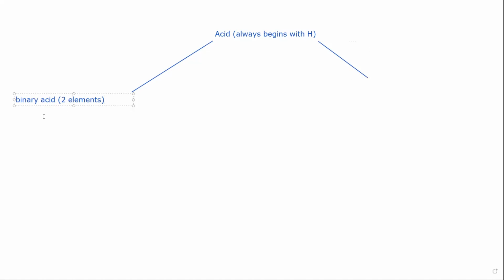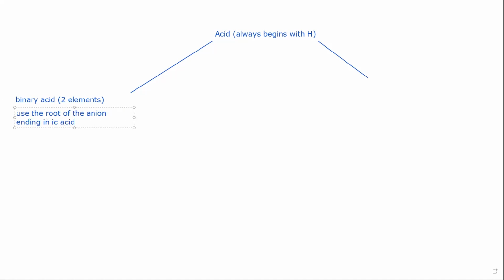And for that, the rule says that you need to use the root of the anion, that's the negative, and end it in ic, and then of course the word acid.